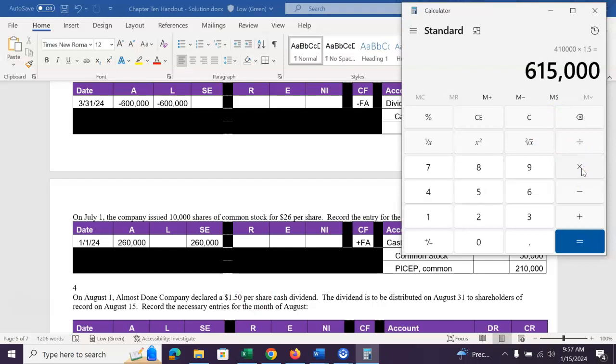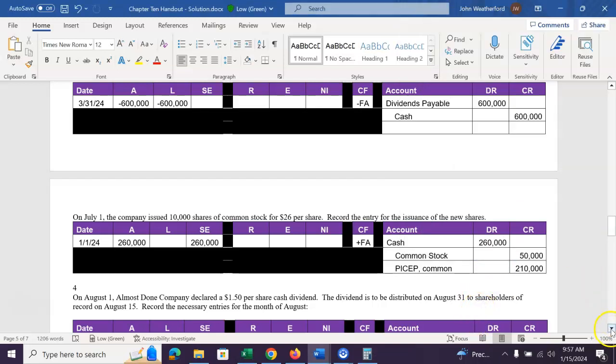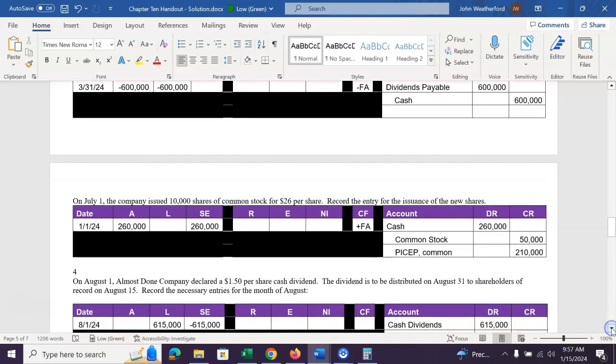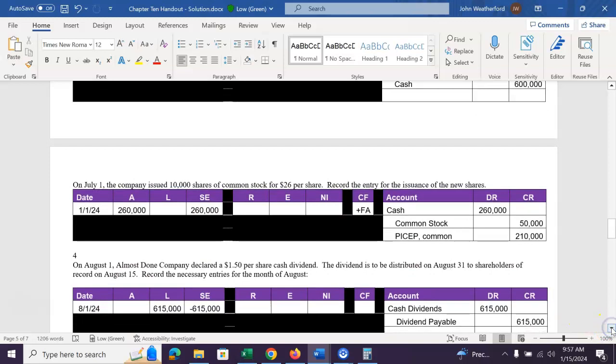That gets us dividends this time of 615,000. We're going to debit cash dividends for that one on the date of declaration. We'll also set up dividends payable. Cash wasn't involved. The liability increased by 615,000, dividends payable, and then recording dividends through retained earnings decreases stockholders' equity.